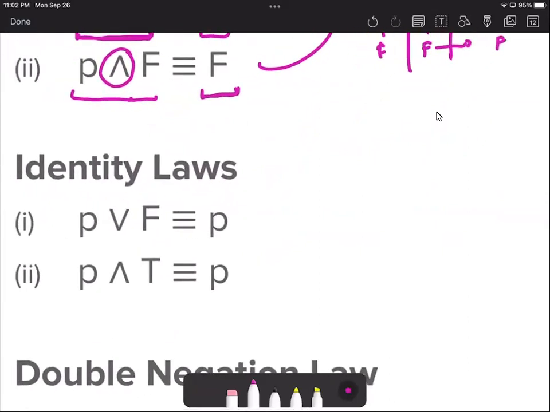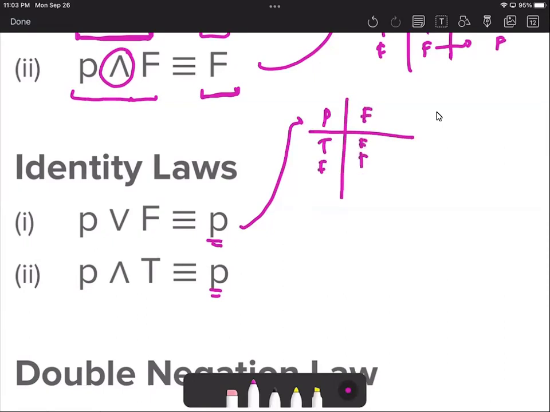taking the or the and of P with a false or true will evaluate to itself. Okay. So we have, say, P, and we're writing the truth table, and we have the false. Okay, we take the disjunction, the or of P or F. Now, this will be true if there is at least one true.